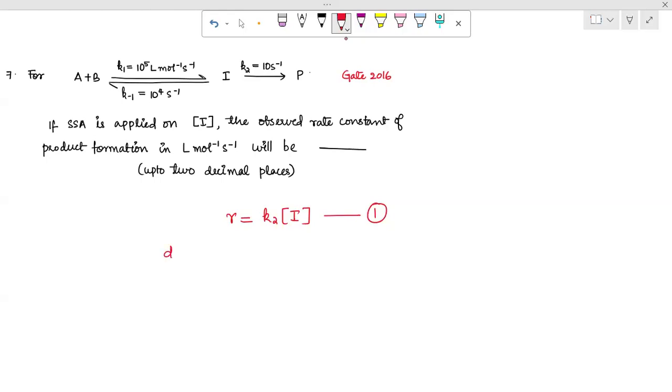Now, steady state approximation on I will give me change in the concentration of the intermediate as equal to, in the first step, I is being formed, so it's K1 into concentration of A into concentration of B. In the reversible step, I is disappearing, so minus K inverse concentration of I. In the final step also, I is disappearing, so minus K2 concentration of I. This is equal to 0.